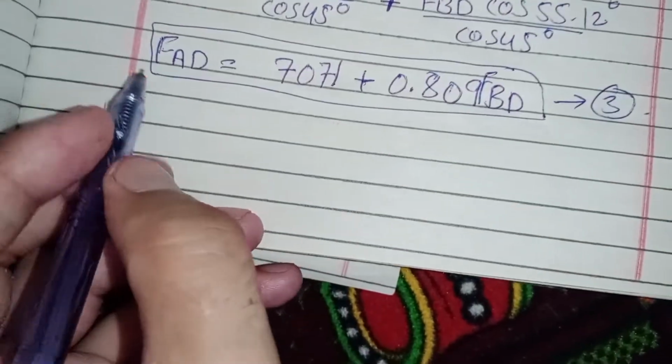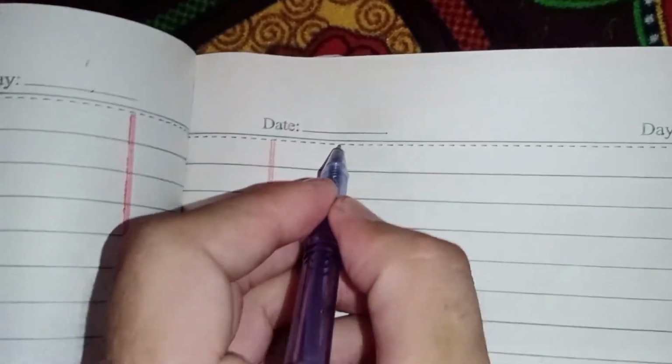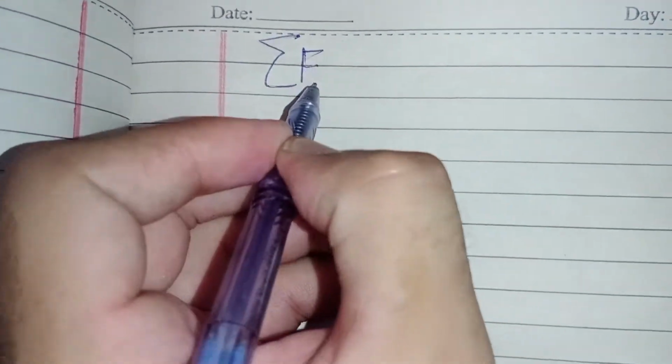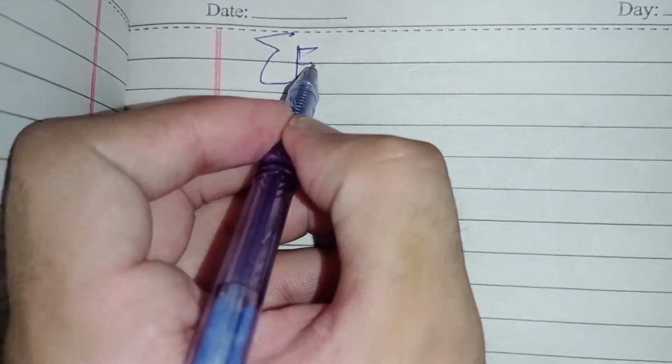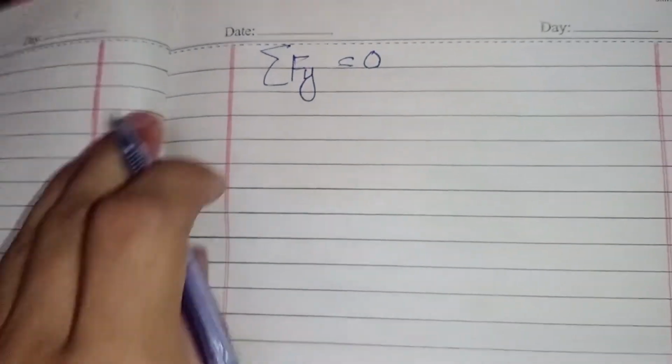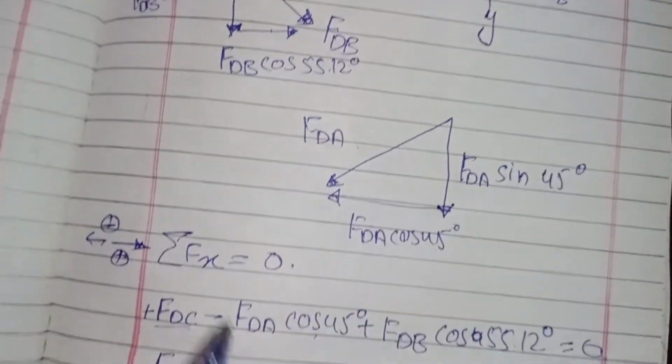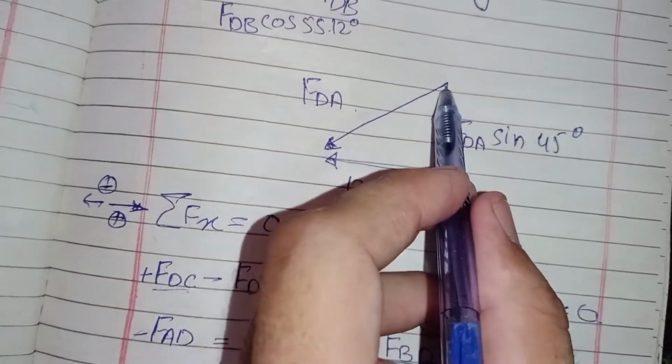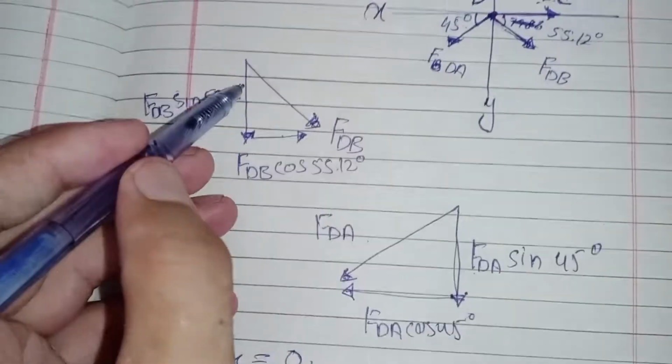So now summation of all forces in y direction equal to 0. Now there are two forces in y direction. One is the component of this force.